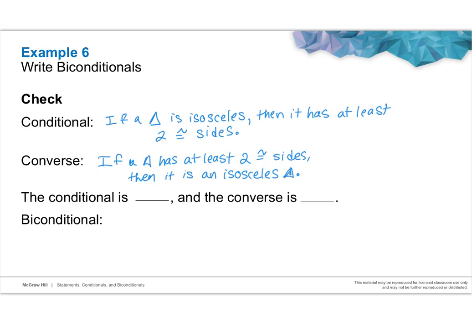So this first statement, the conditional, if a triangle is isosceles, then it has two congruent sides, that's true. The converse, if a triangle has at least two congruent sides, then it is an isosceles triangle, that's also true.